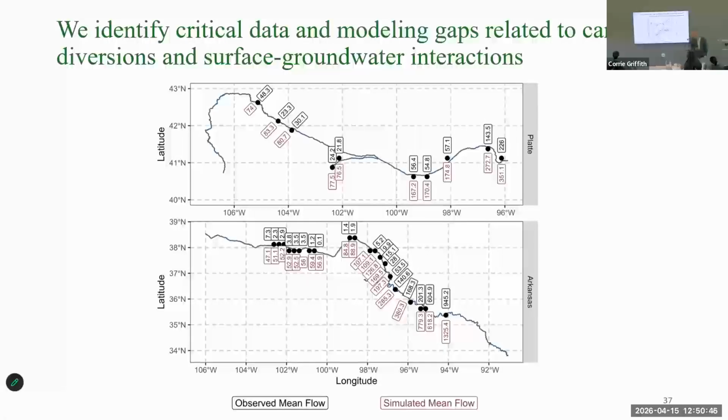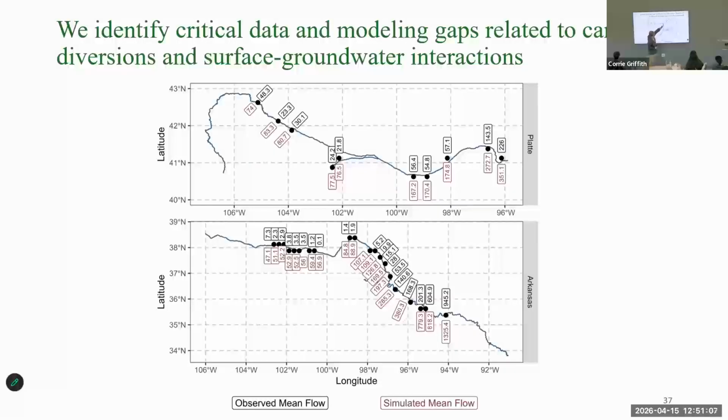But there are also some very disappointing results. So this one basically shows the flow in this relatively small river, the Platte, and also the Arkansas.